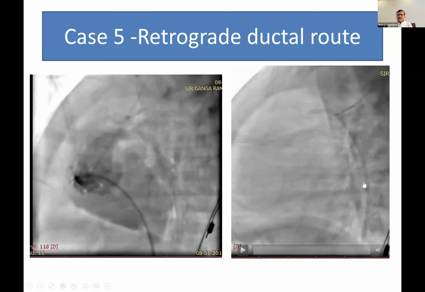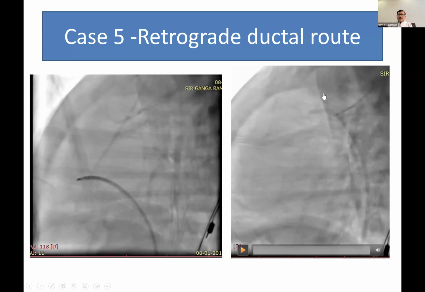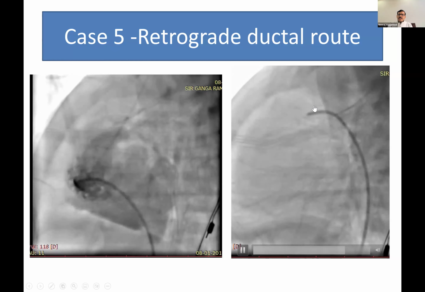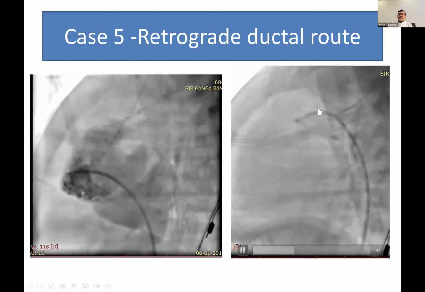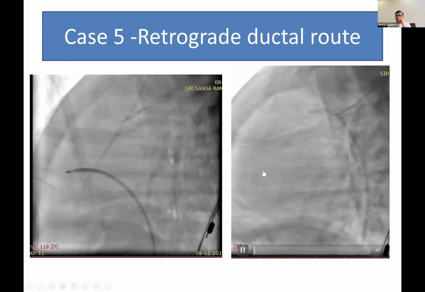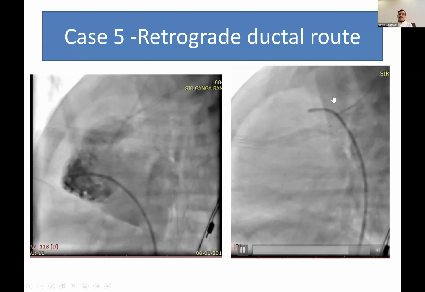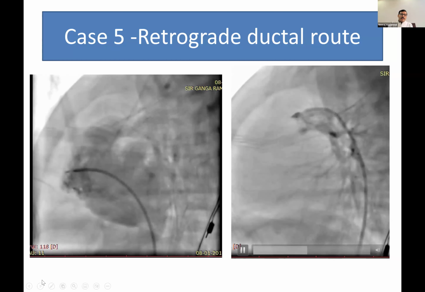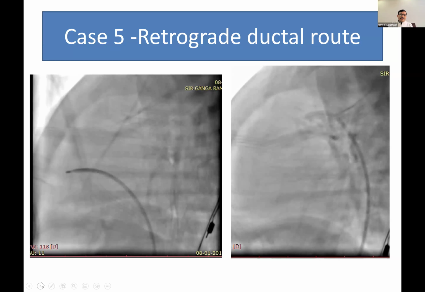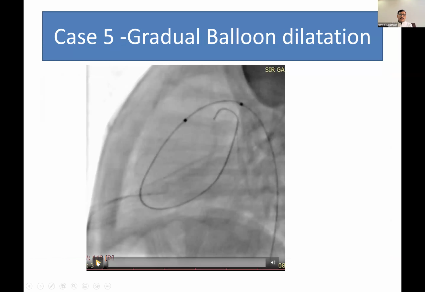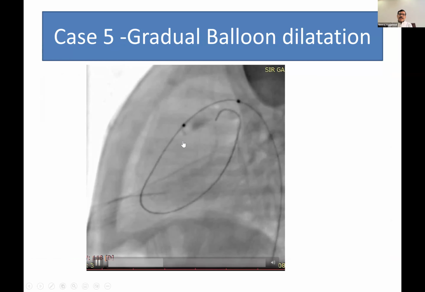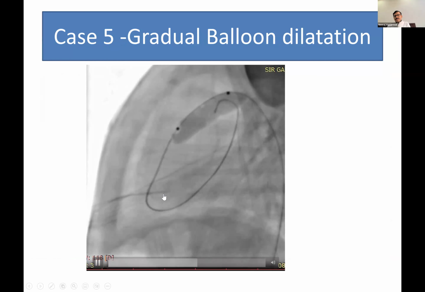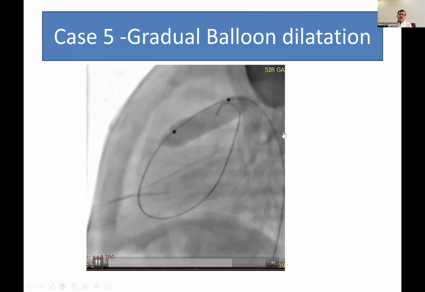Retrograde ductal route means going through the femoral artery, localizing the ductus, and through the ductus localizing the pulmonary valve, and from this you can easily cross with the same wires. Whatever wire you want to keep across here, and do the balloon. So this patient underwent sequential balloon dilatations through the retrograde route. Ultimately, we could keep a 2.5 Teflon wire and a bigger balloon was used. So gradual balloon dilatation was performed through the ductal route.